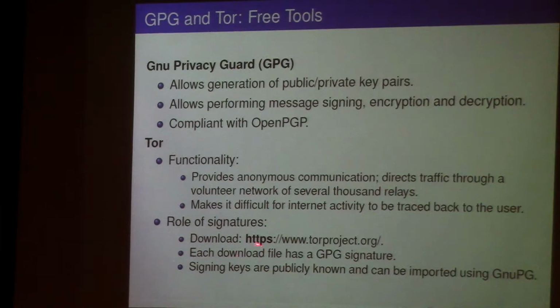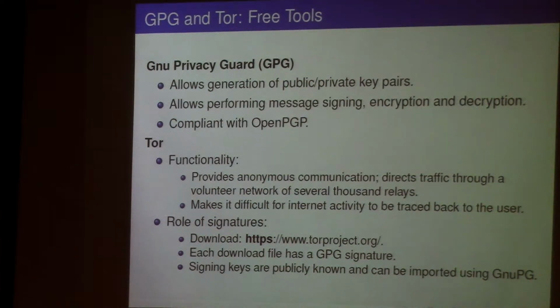The download site is HTTPS. I put it in bold because they use this HTTPS connection, so it's a secure HTTP connection, and this is the actual site from which you can download the Tor files. Each download file has a GPG signature, and the signing keys are publicly known and can be imported using GPG.